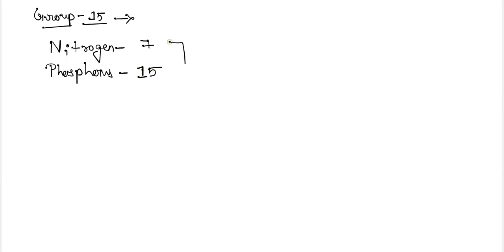The magic number here is plus 8. Then after phosphorus, arsenic. So 15 plus 18, it will be 33.